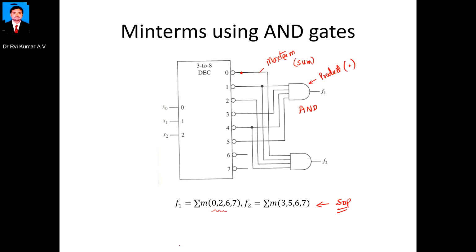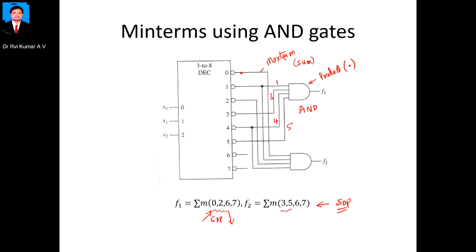For f1, I can implement it in complemented form. The remaining ones are 1, 3, 4 and 5, so I can implement the complemented terms. This is the SOP expression. SOP 1 I can implement using the remaining terms 1 3 4 5 with an AND gate.